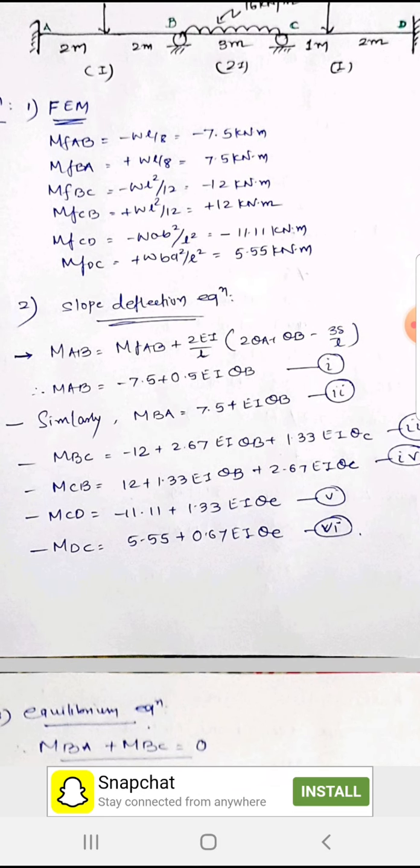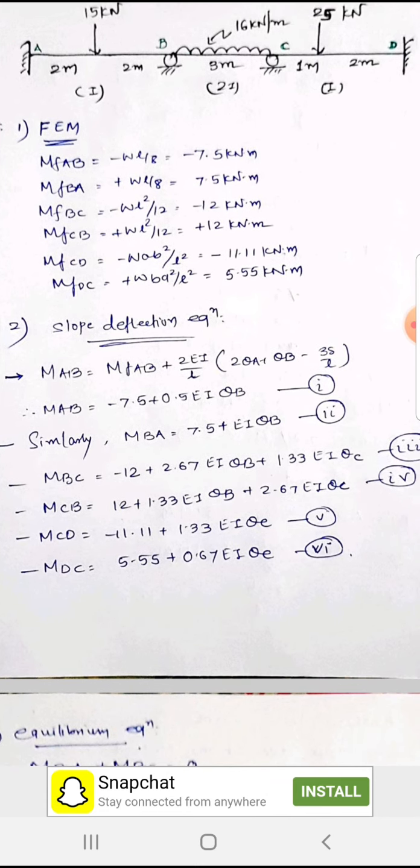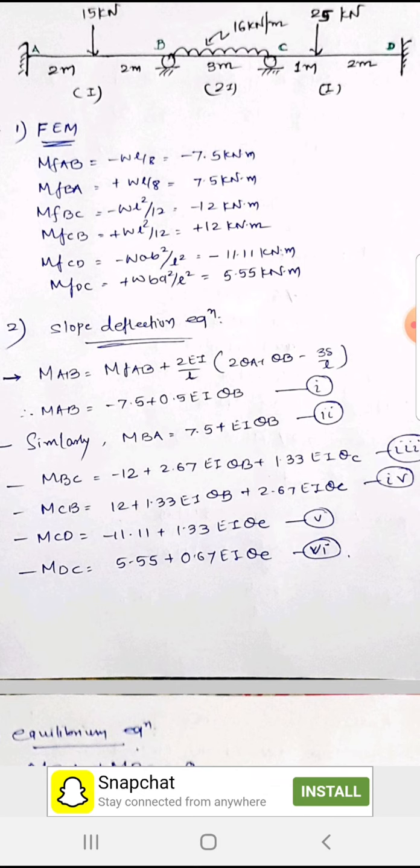Here there is a little change in span CD because it is an eccentric load. So for that, MFCD is equal to minus WAB squared upon L squared, and MFDC plus WBA squared upon L squared. Here there is a little change in the equation.